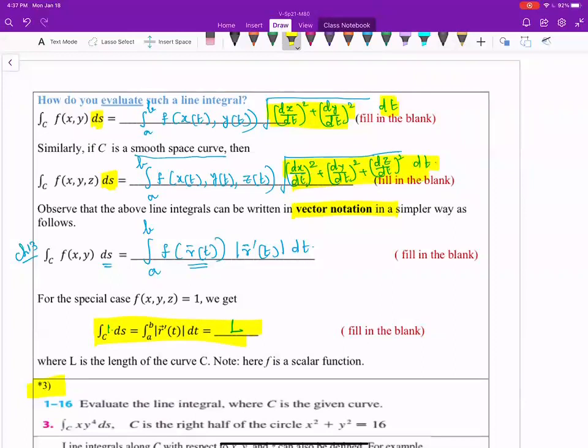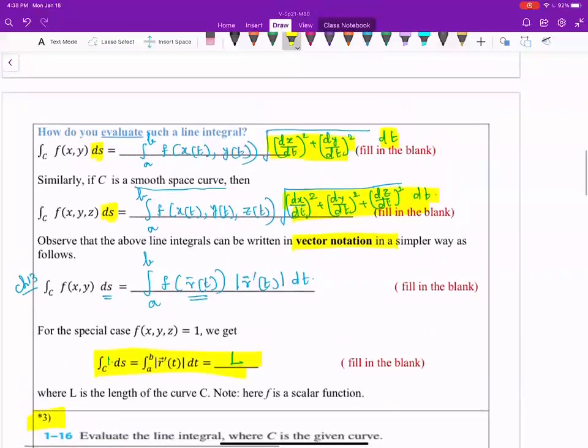In this section, you may want to understand this clearly, because later in the same section we will be defining the formula for the line integral for a vector field.